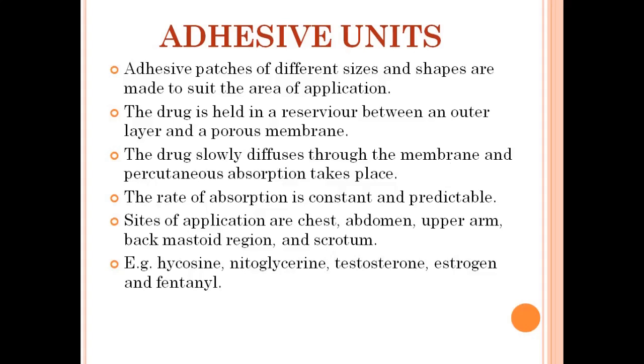The rate of absorption is constant and predictable. The sites of application are mostly the chest, abdomen, upper arm, back, mastoid region, and scrotum. Examples of drugs are hyoscine, nitroglycerin, testosterone, estrogen, and phenytoin.